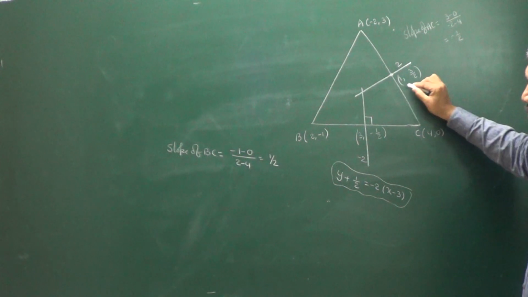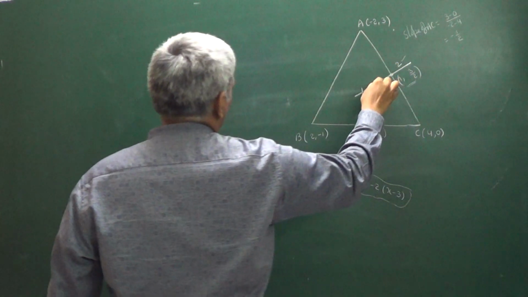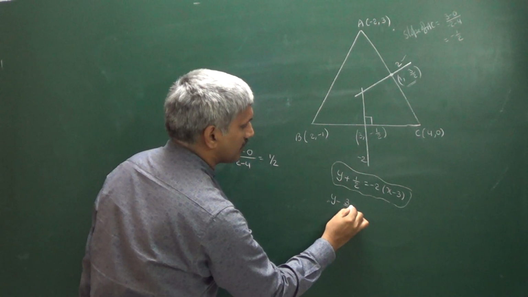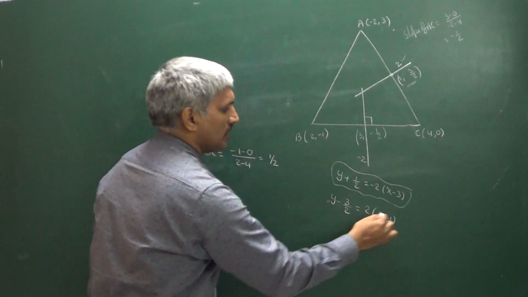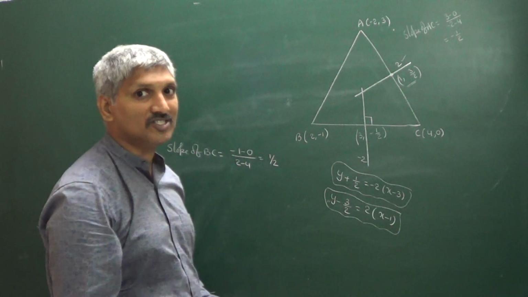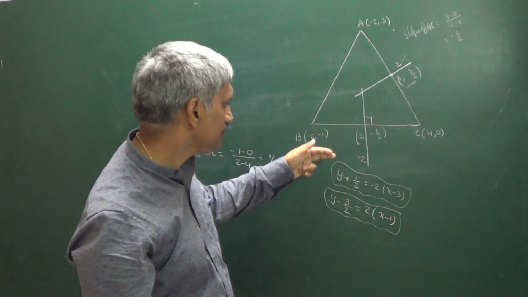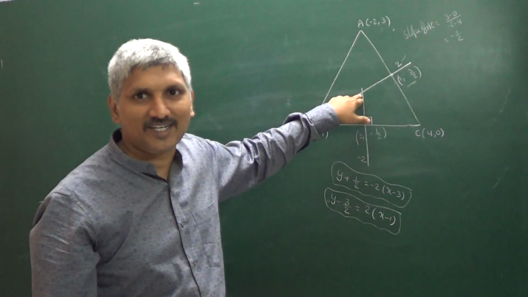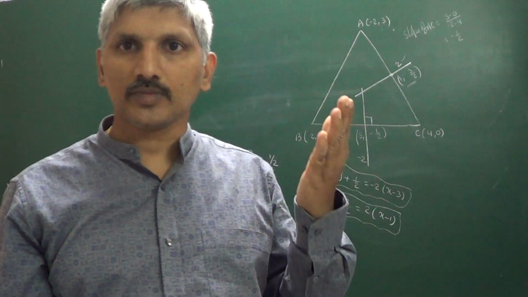You know the point and you know the slope also, then the equation of this perpendicular bisector is y - y1 = slope into (x - x1). We got the equations of the perpendicular bisectors of the sides of a triangle. Solve these two equations, we will get the circumcenter, right? So that is the discussion regarding how to find the circumcenter.